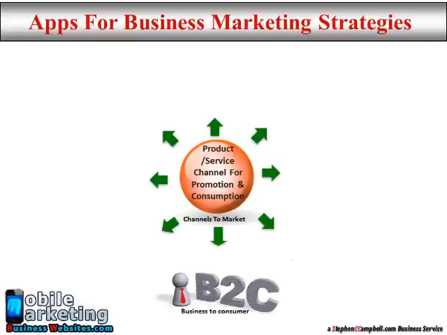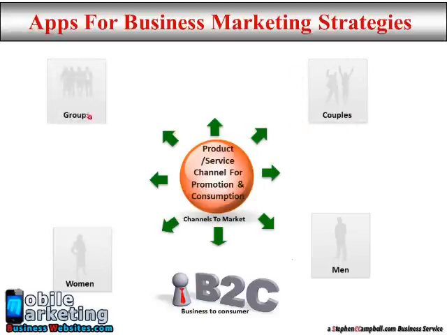So in terms of classifying the market segments, broadly speaking, business to consumer could be classified by various types. So you could be using your apps to focus on men. You could be focusing directly to women. You could be focusing to couples, or on the other hand, you could be using the app as part of your channel marketing strategy to focus on groups.